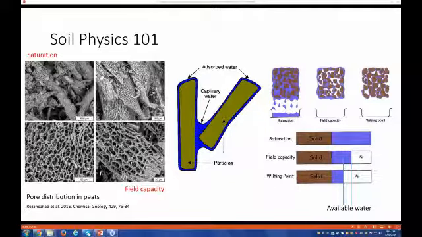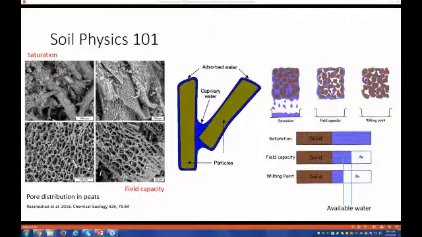All the water that remains available to the plant is what we call field capacity. That means the excess water in the large pores has drained away, and the amount of water retained by the pores and readily available is the field capacity.